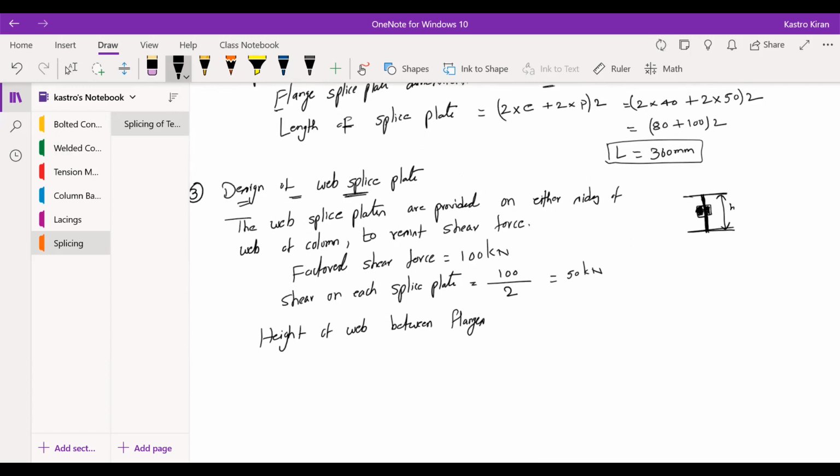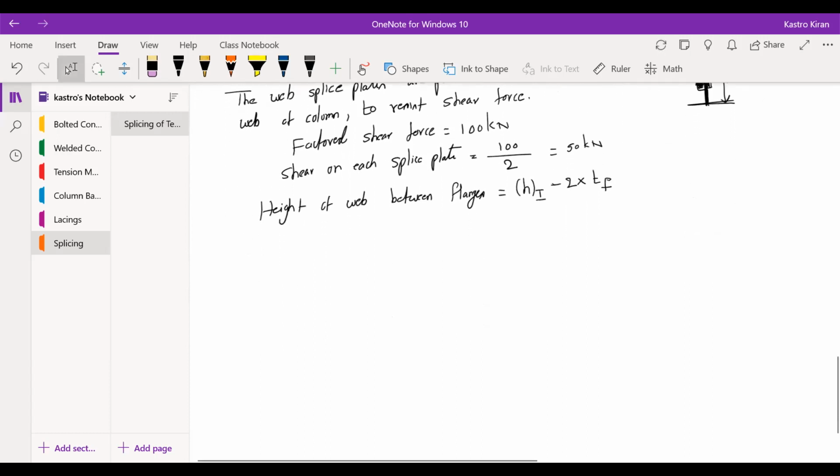We have a fixed formula for this. Let's consider the total height of the I section minus 2 times the thickness of flange.